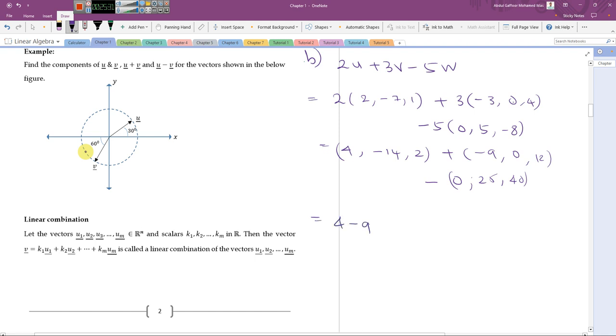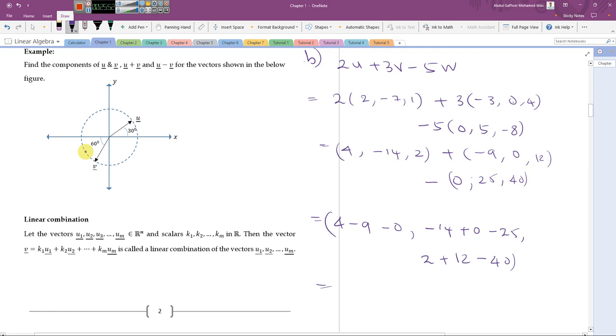4 minus 9 minus 0 comma minus 14 plus 0 minus 25 comma 2 plus 12 minus 40.